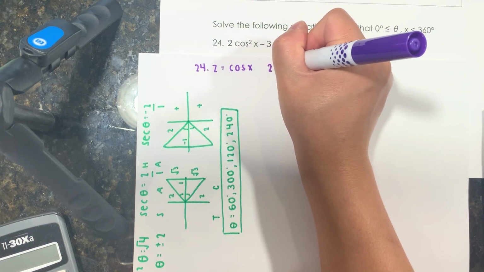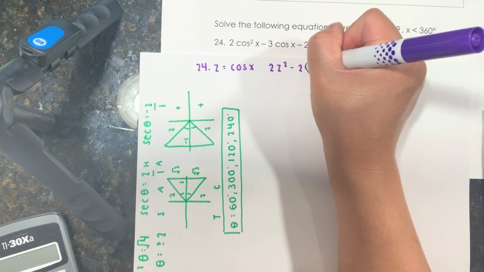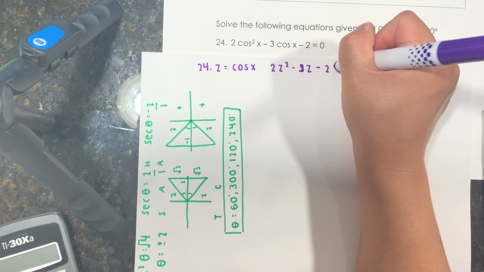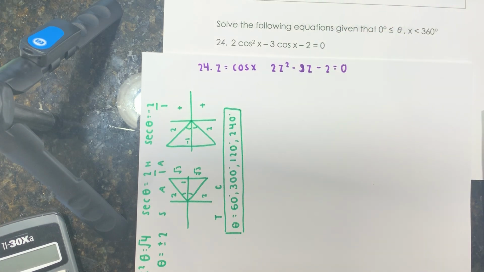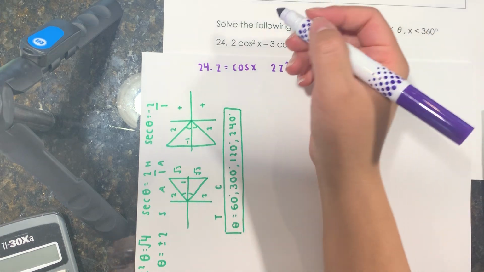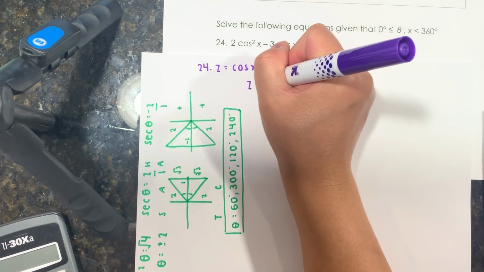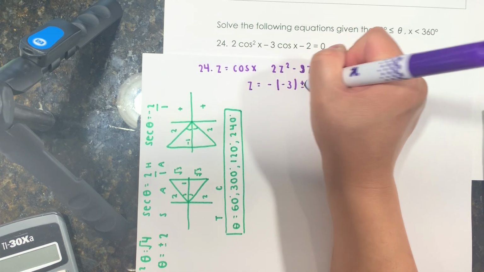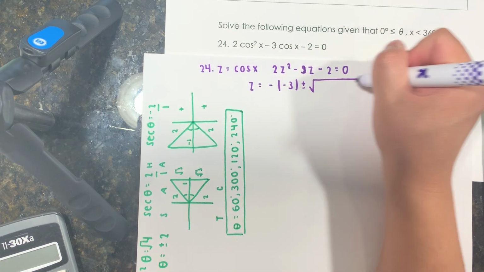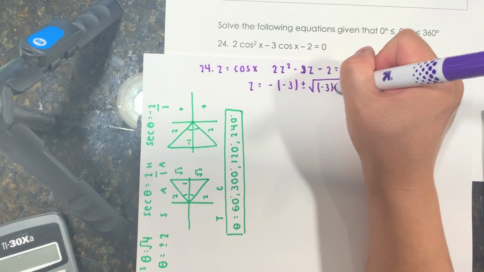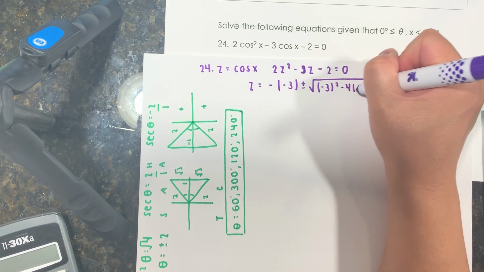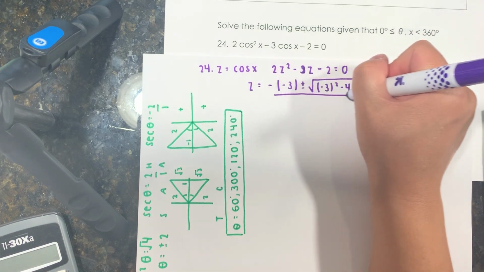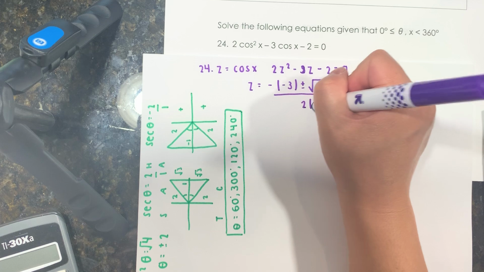So that would be 2z squared minus 3z minus 2 equals 0. I need to factor this, so I'm going to do a quadratic formula, which would be z is equal to negative negative 3 plus or minus the square root of negative 3 squared minus 4 times a times c, all over 2 times a.